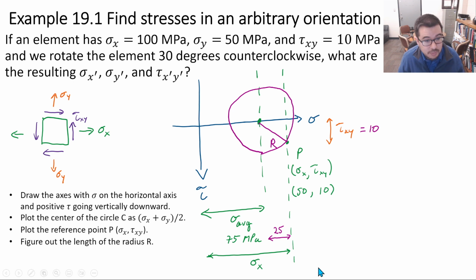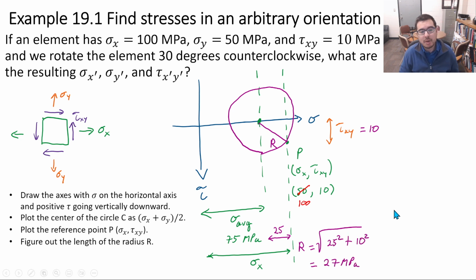This is wrong. Sorry, this should be 100. Then we figure out what this length is. It's going to be 25, and the length of this side of the triangle is just 10. So the radius is going to be the hypotenuse, and it comes out to be 27 megapascals.